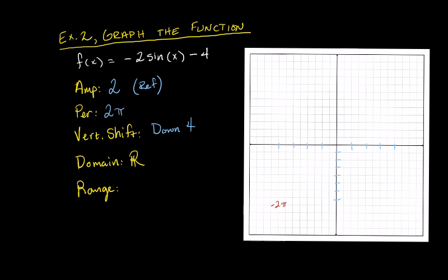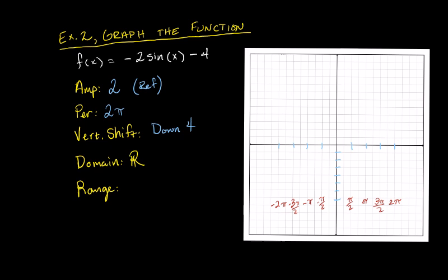That'll be negative pi. This will be pi. And that will be 2 pi. In between is 3 pi halves. That means this one's -3 pi halves, negative pi halves, and pi halves.